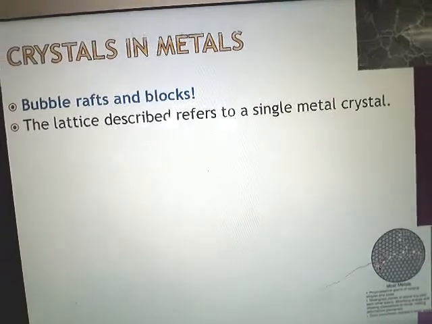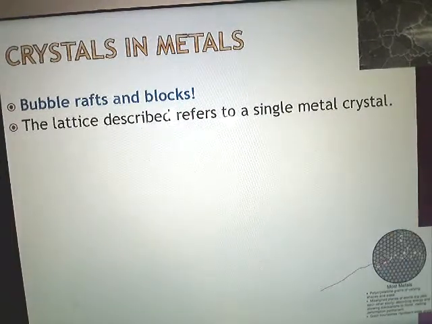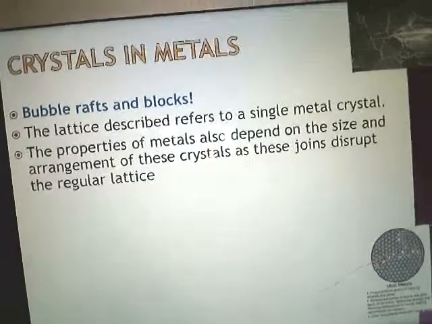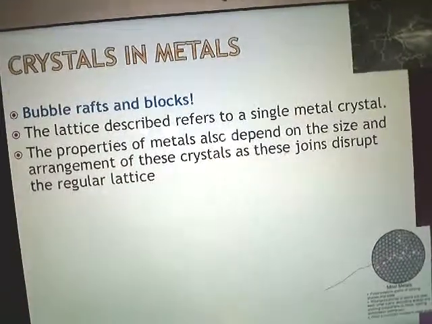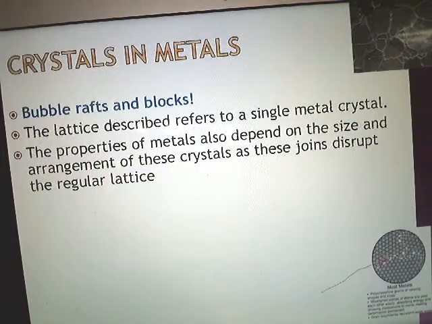Each of the lattices is described as a single metal crystal, and the properties of these metals, which we're going to see in a minute, depend on the size of these crystals and also their arrangement.